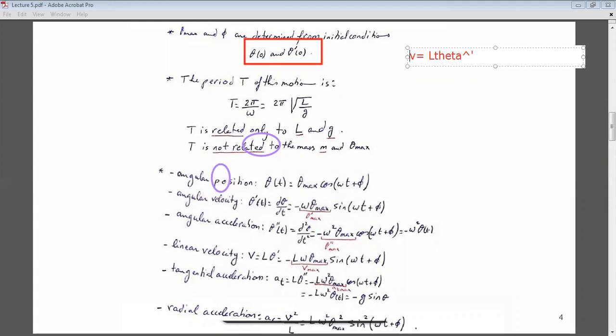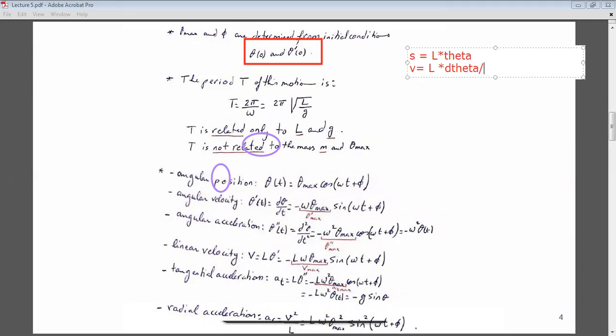And S, that is the linear distance, is L times theta. And V, which is the linear velocity, is L times theta prime. Theta prime here is nothing but d theta by dt.